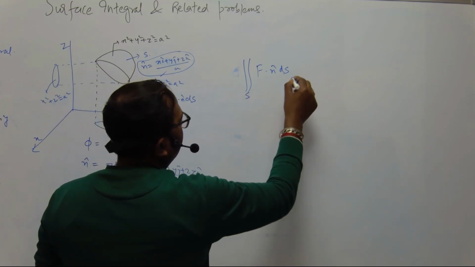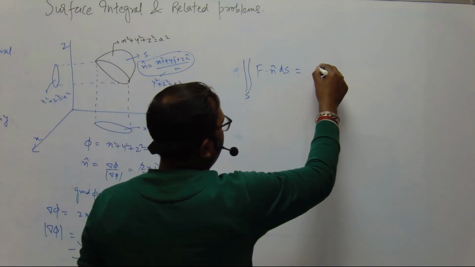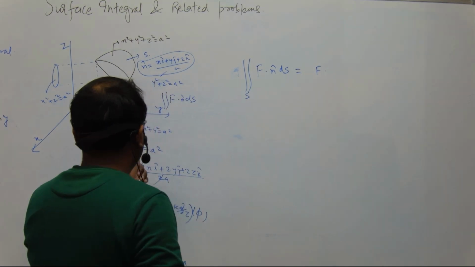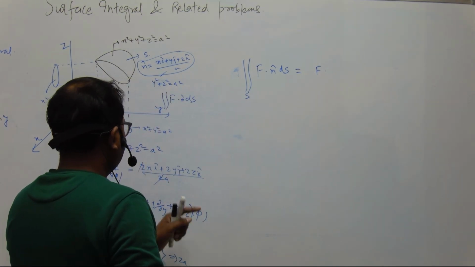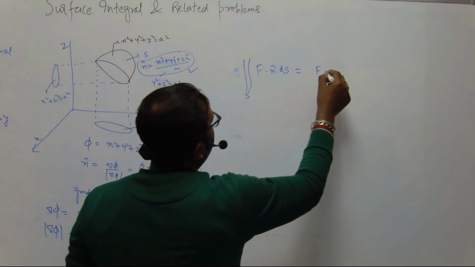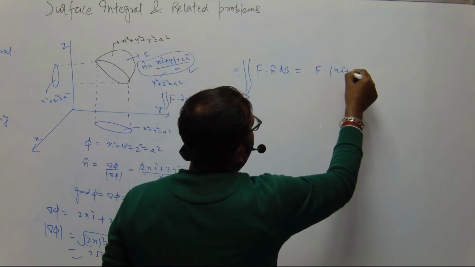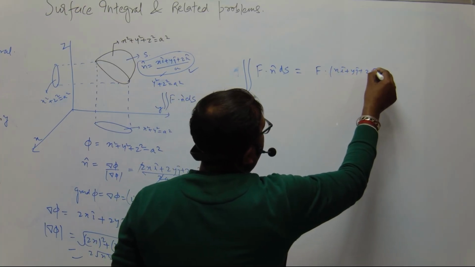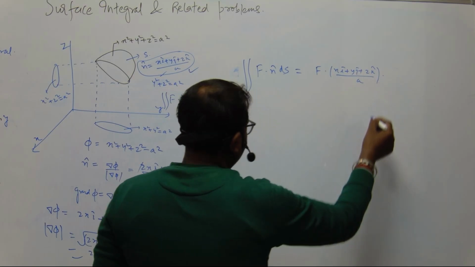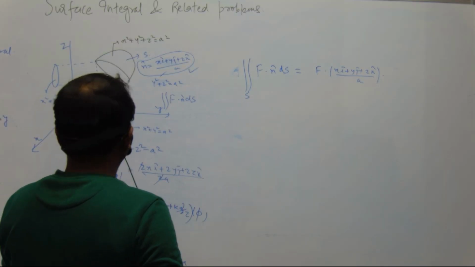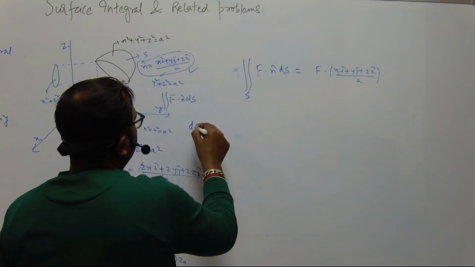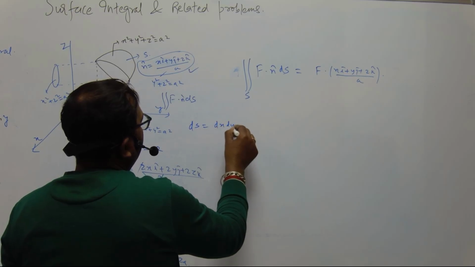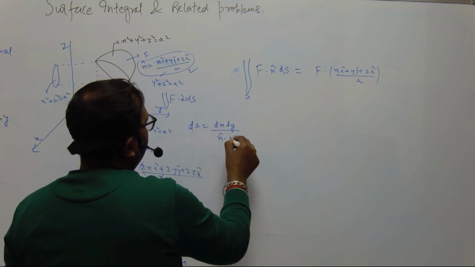So this is equal to F dot n cap, where n cap is x i cap plus y j cap plus z k cap upon a, into ds. The value of ds will be dx dy upon the mod of n cap dot k cap.